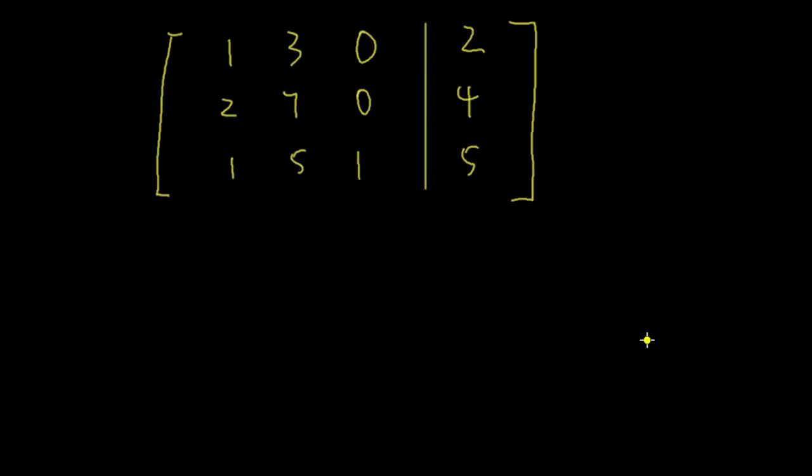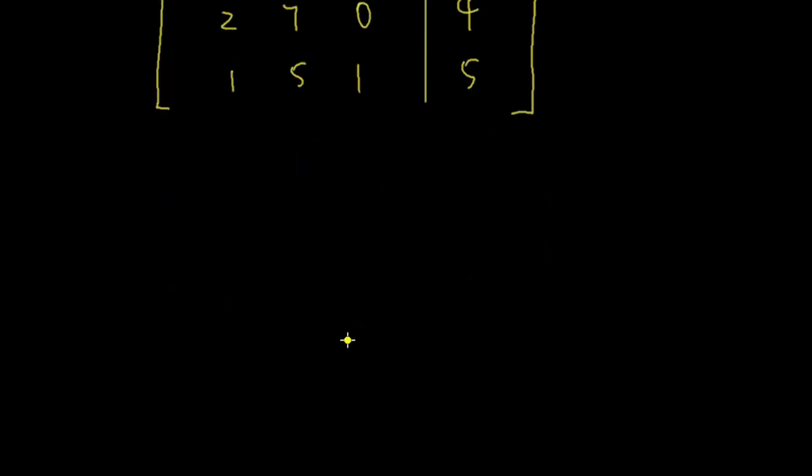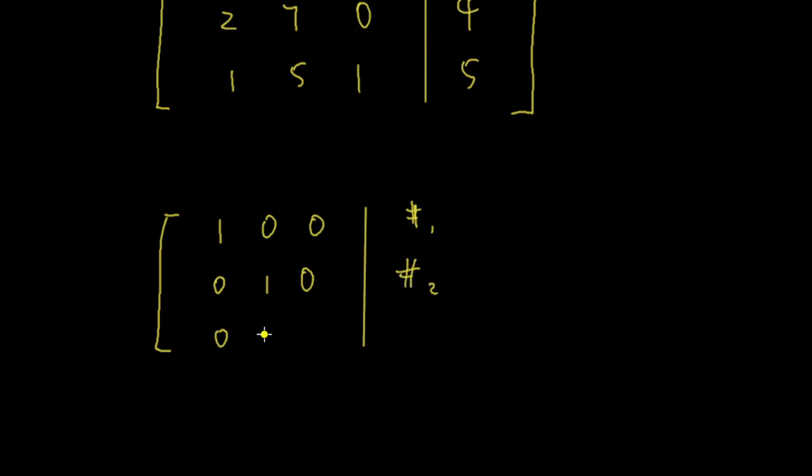First of all, what are we trying to get to now? We need to do some operations to this matrix and try to get to this form: 1, 0, 0 and on the right side a number, then 0, 1, 0 and a number, and then 0, 0, 1 and a number.